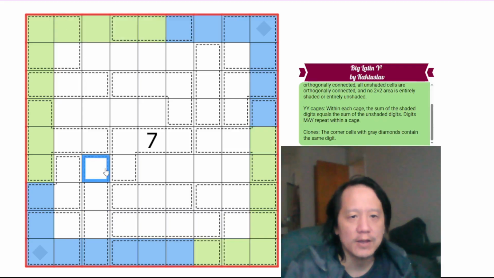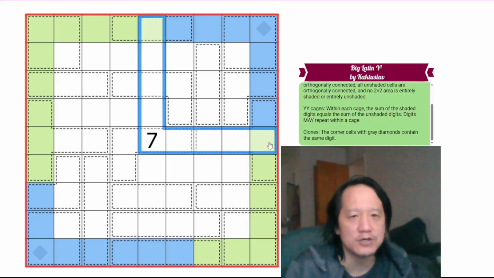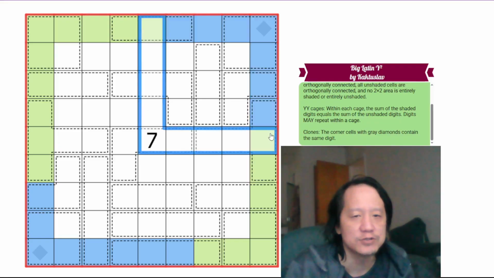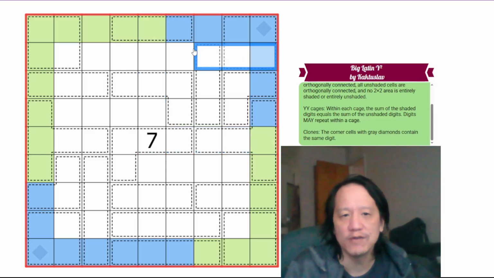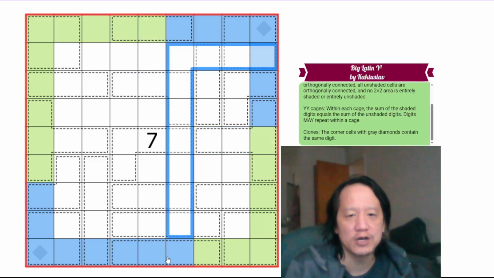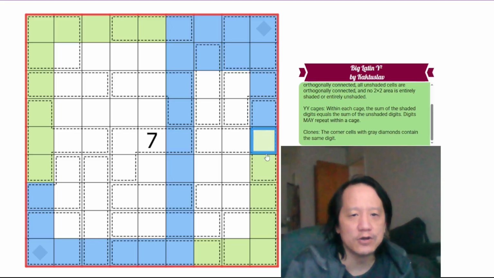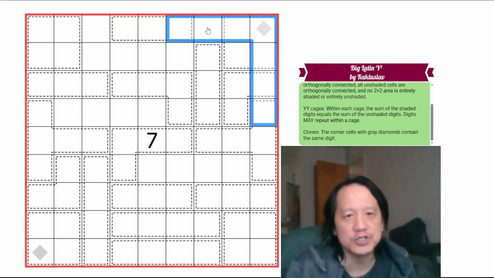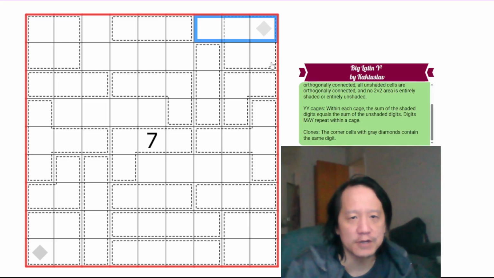Well, the problem is, how do you orthogonally connect the green cells without breaking the blue cells into multiple regions? The answer is you can't. And it's the same thing for the blue region: to orthogonally connect that, you're going to necessarily have to break the green region into multiple regions. That's why you can only swap twice on the edge of a puzzle for yin-yang shading.